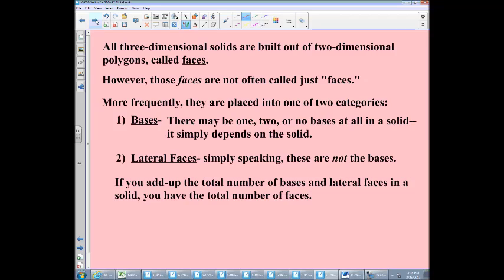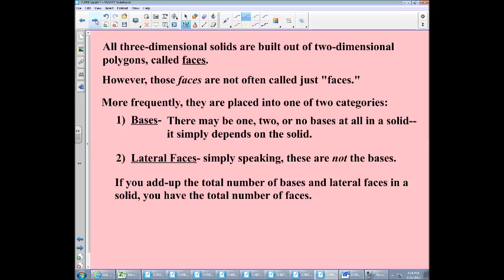The only time we actually have the term faces is if a question asks us how many faces a solid has. But more often, what we have to do is break down those faces into two different subcategories, and it's those subcategories that help us out with a lot of the calculations and the classifications that go along with our solids.